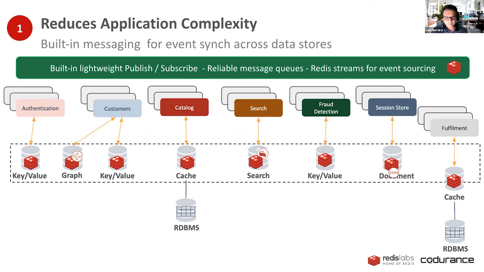Redis, probably most of you know Redis is a cache, but it's also a fast message broker. In our last benchmark, for example, Redis reached 200 million operations per second with latencies consistently under 1 millisecond.